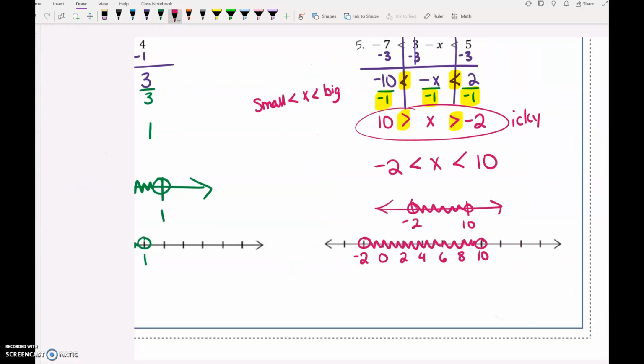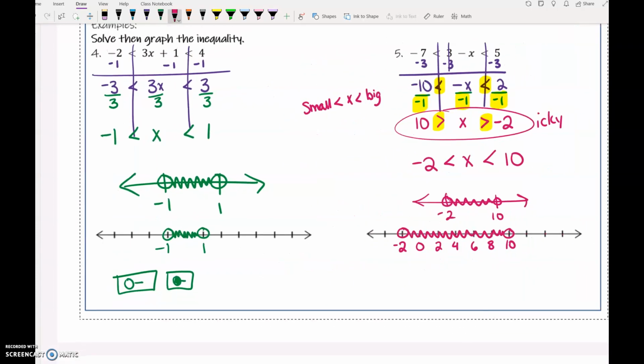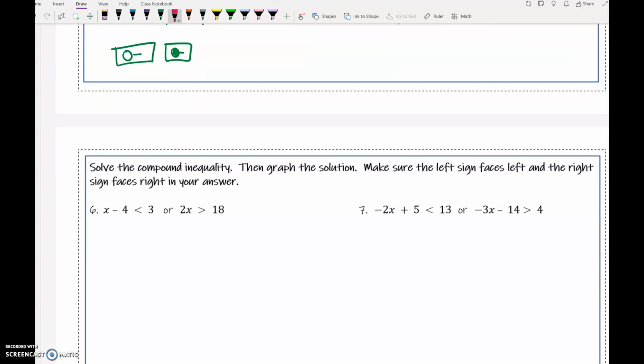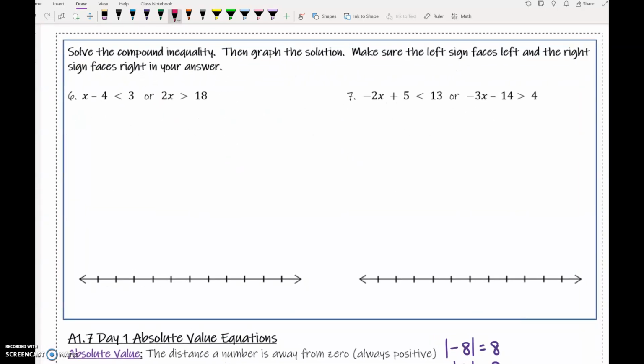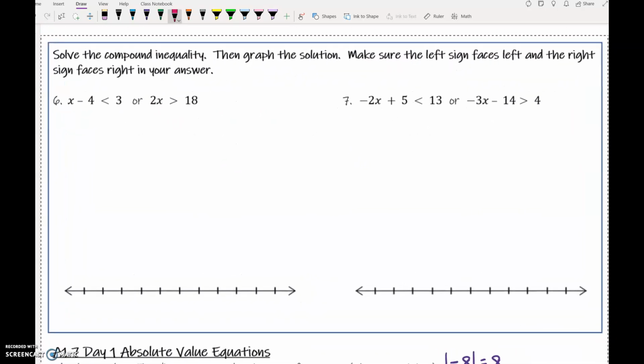All right, on the next page, I believe it's the next page. We've done and inequalities. Now it's time to do or inequalities. Here's the biggest mistake that I see on a test. I say, solve the compound inequality. And it says x minus 4 is less than 3 or 2x is greater than 18.